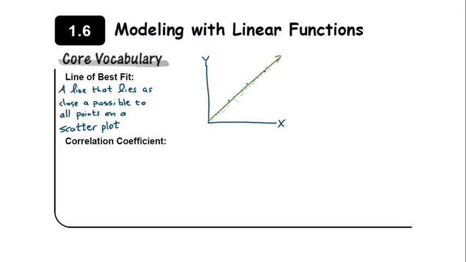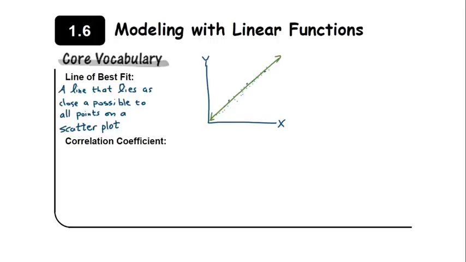Now, obviously it does not hit all the points, but it is the closest approximation to a line that it can be. Obviously, that example I just showed you is not perfect, but it gives you an idea of what we're looking for. We're looking for a line that hits as many of the data points as humanly possible.